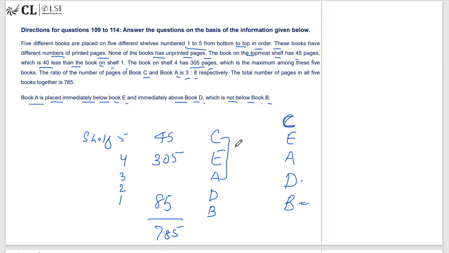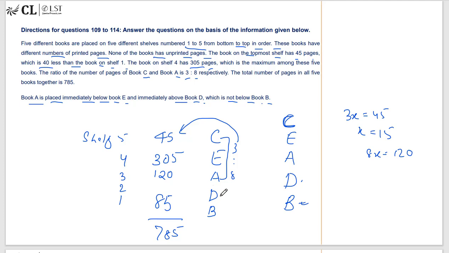So here the ratio is 3 is to 8. Now we know what 3 stands for. 3 stands for 45. So if 3x is 45, x is 15. So 8x is going to be 120. So we get the number of pages for book A, that is 120.